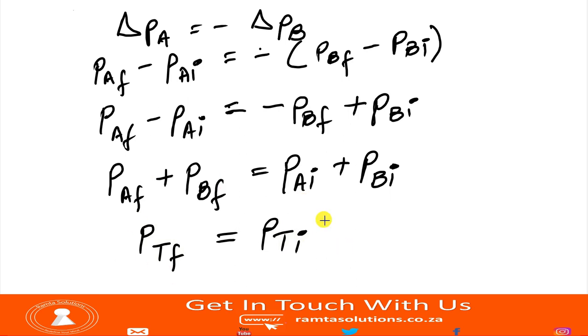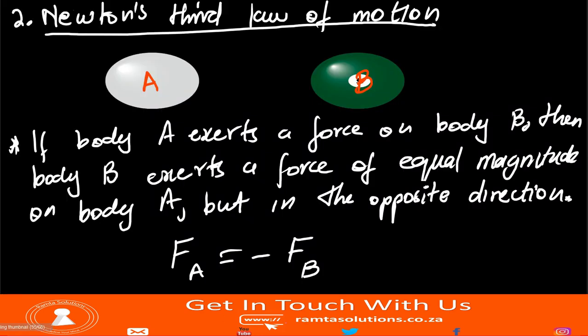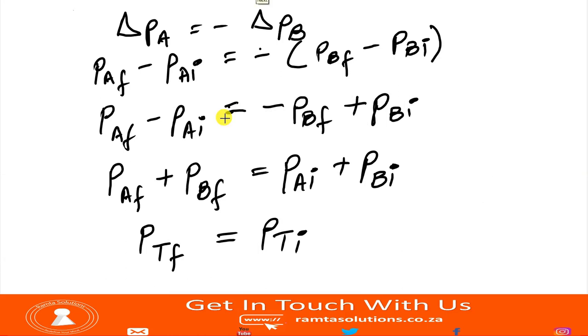In physical sciences, whenever you see final is equal to initial, it'll lead you to conservation of something. Now, that being said, we must move on to the third point. We only stop it here.